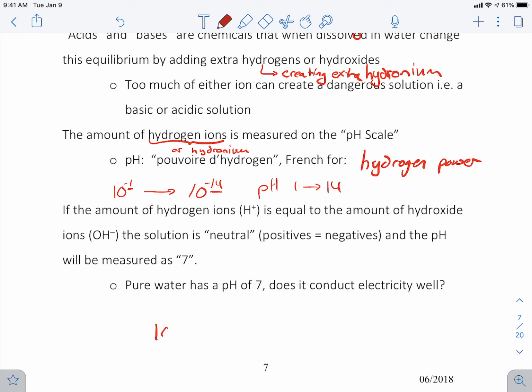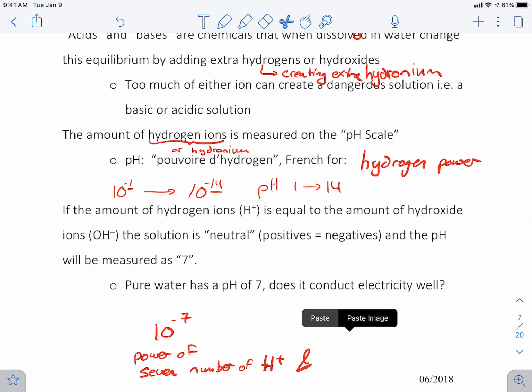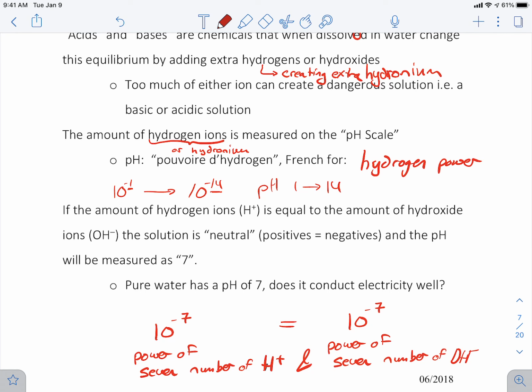This is all stuff we will cover in a later course, but we have a power of 7 number of H plus, and the same for OH. So that's why it's equal, so it's neutral.